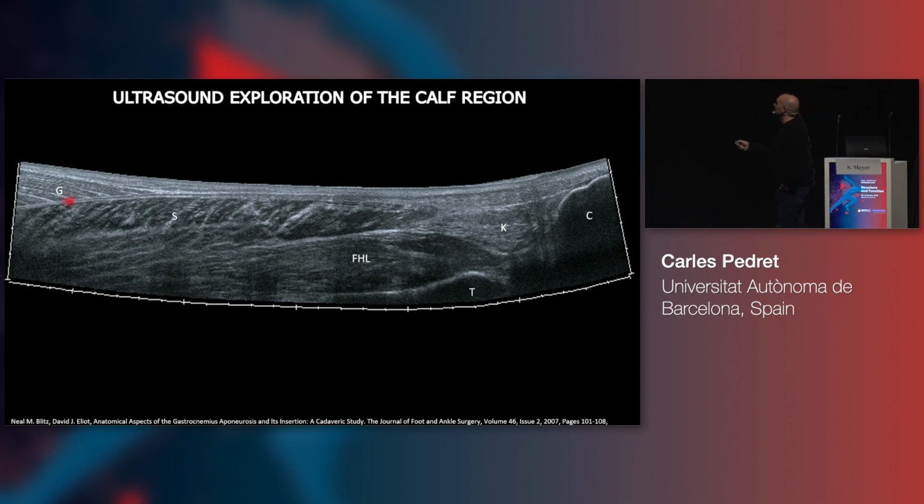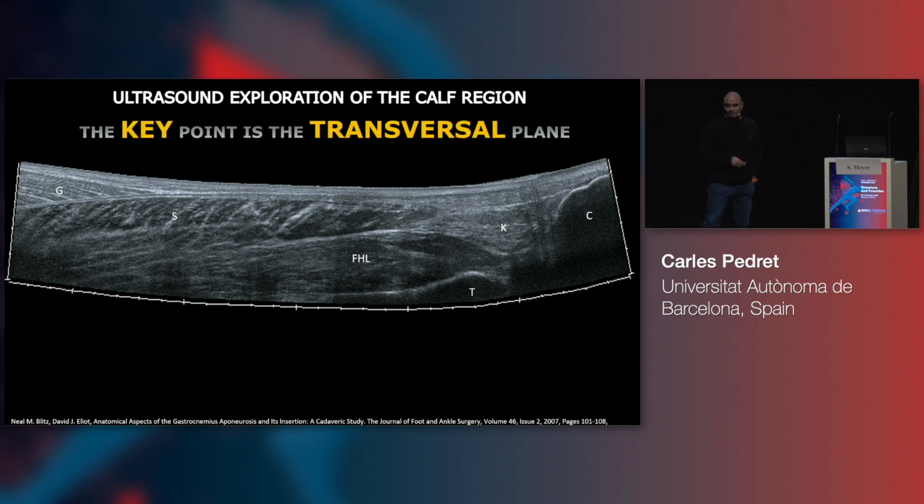Look at the different pattern and the different type of fibers that we have between the soleus and the gastrocnemius. That's another important thing that we will need to consider. Okay, but even though this sequence and this longitudinal image is very beautiful to look at, the key point when we assess the medial gastroc is the transversal plane. Okay, and we will see why.